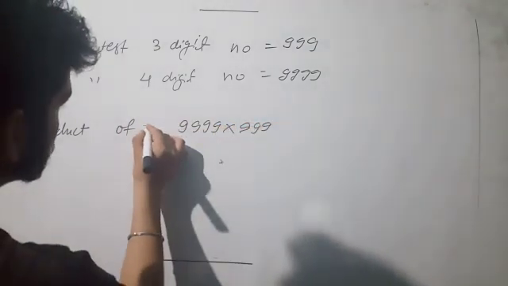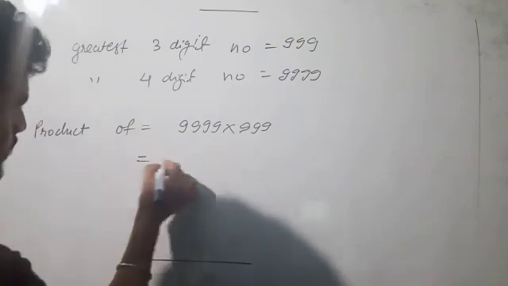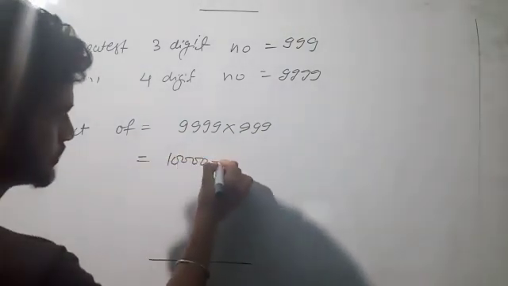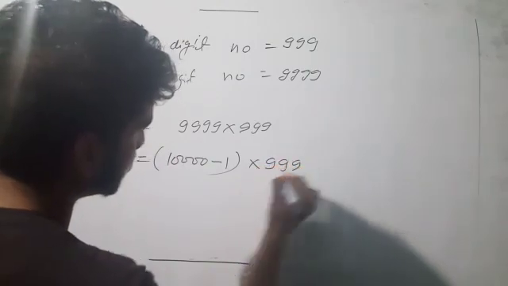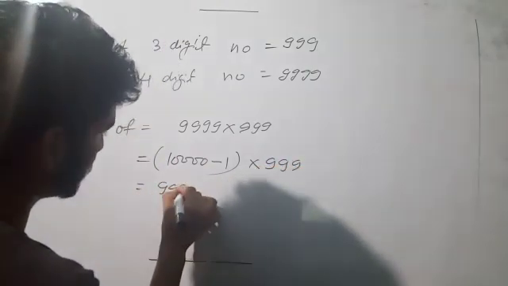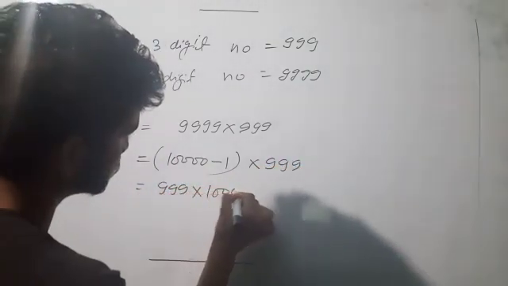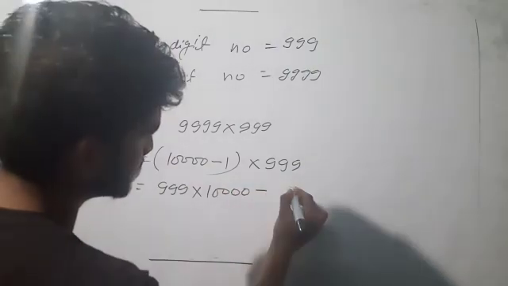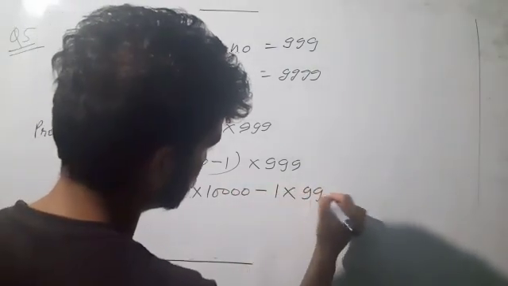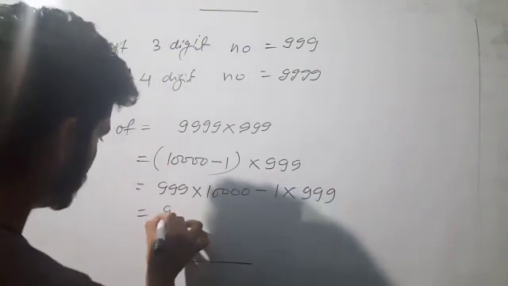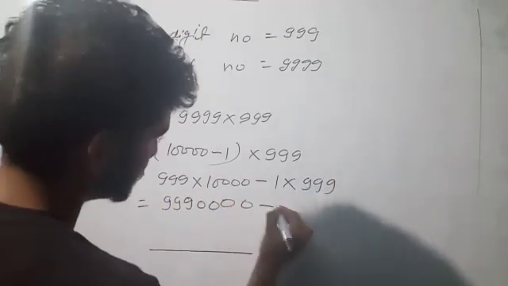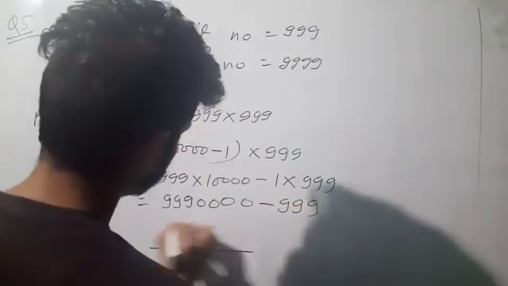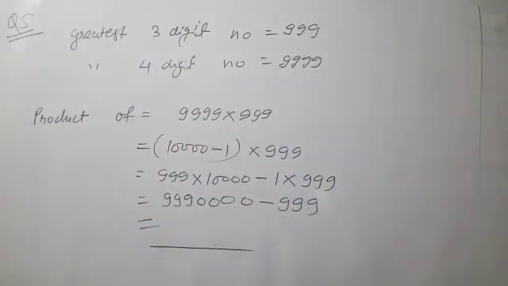We can take it as 10,000 minus 1 into 999. For that, 999 multiplied with 10,000, minus 1 multiplied with 999. 999 followed by 4 zeros minus 999. So you have to subtract this number from that.